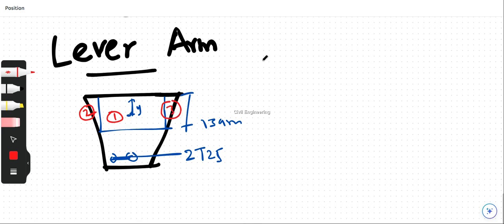How we can find the centroid? Centroid is equal to, this part is 150, while this one is 75, this one is 75.